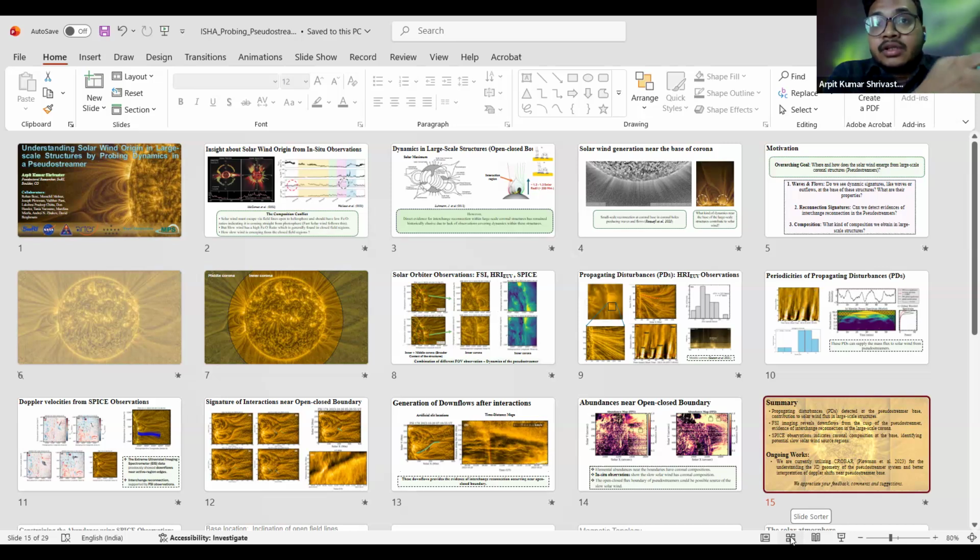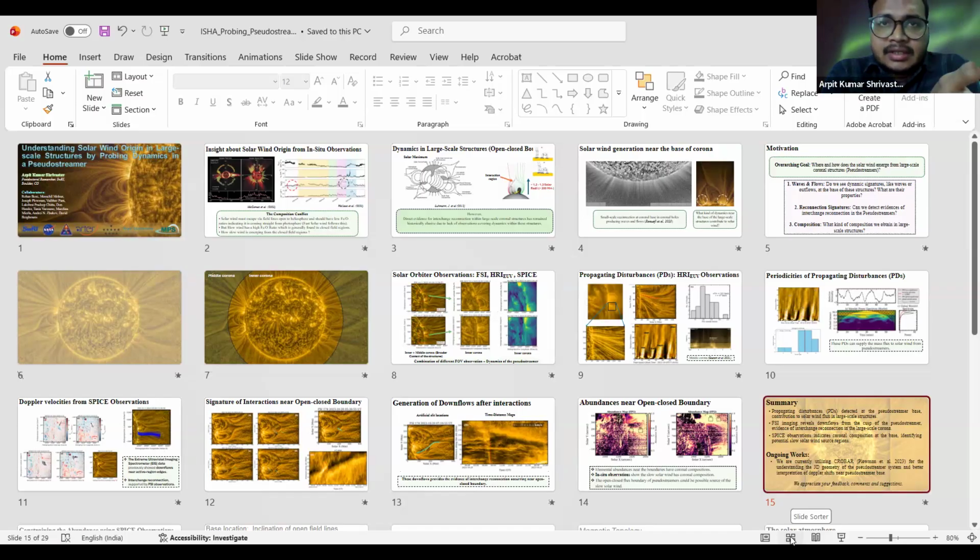If you consider them as waves, because we don't know whether PDs are waves or flows, there could be, like you said, the photospheric p-mode, and depending on the geometry of the magnetic field line at those locations, these p-modes can leak and appear as slow waves in these structures.